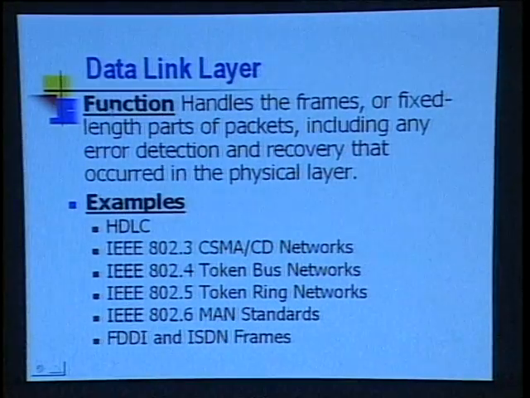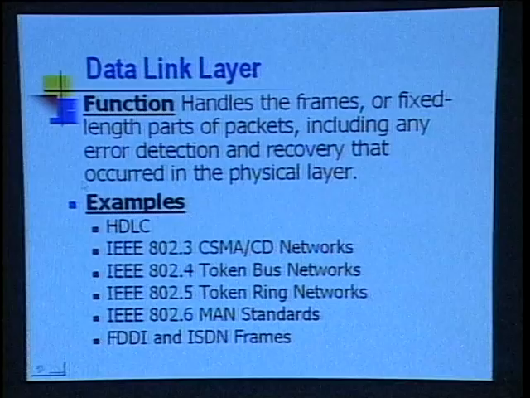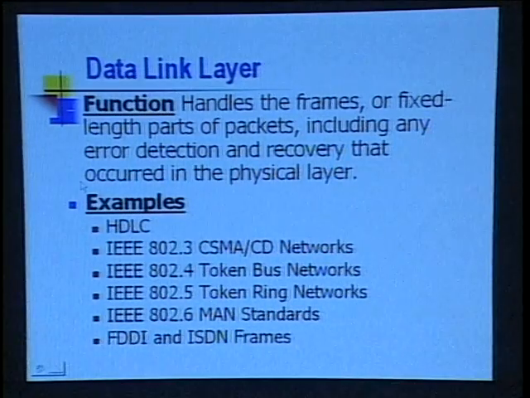And the next is the data link layer. The function of the data link layer is that it handles the frames, or fixed length parts of the packets, including any error detection and recovery that occurred in the physical layer. That is the function of the data link layer.